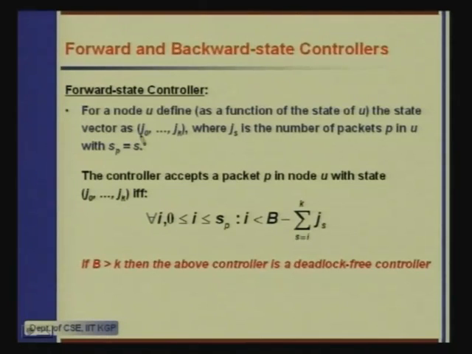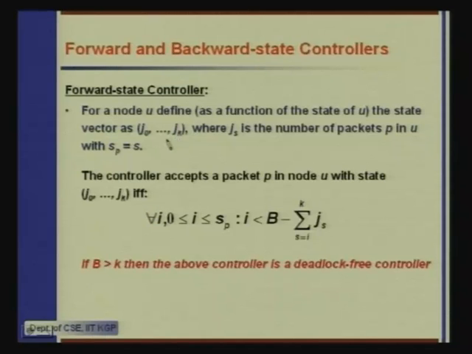So, j0 indicates the number of packets in u for which the number of remaining hops is 0, so they can be consumed. J1 is the number of packets which still has one hop to go. Jk is the number of packets which still has k hops to go from the node u, okay. Is this vector clear?